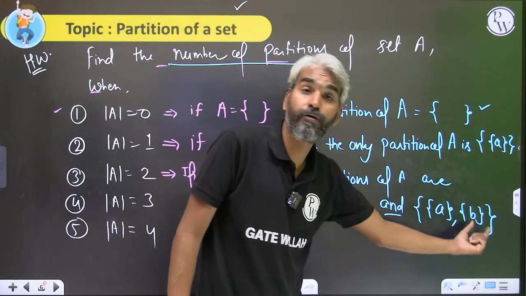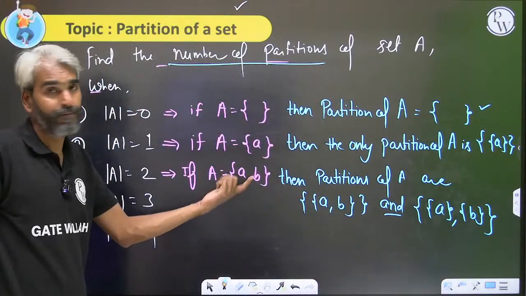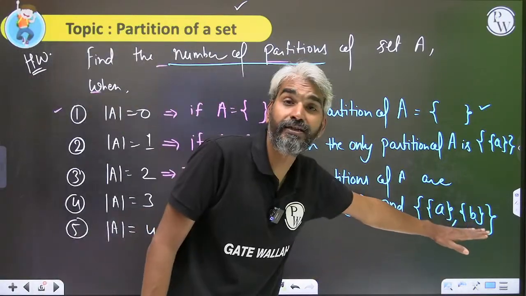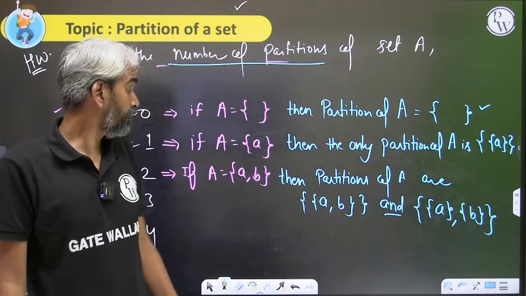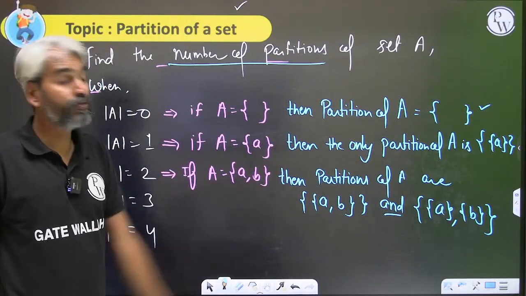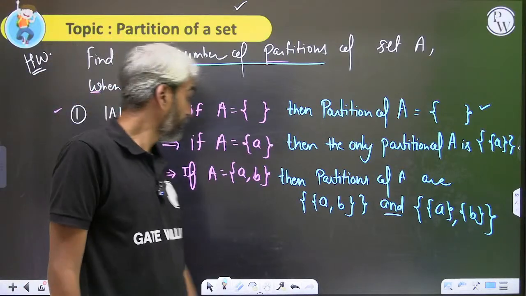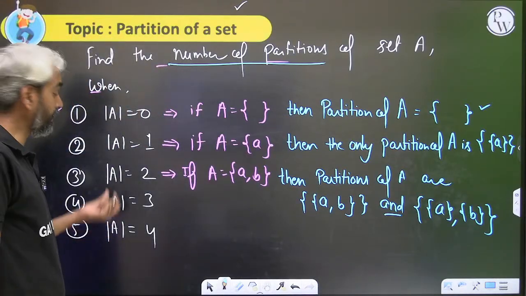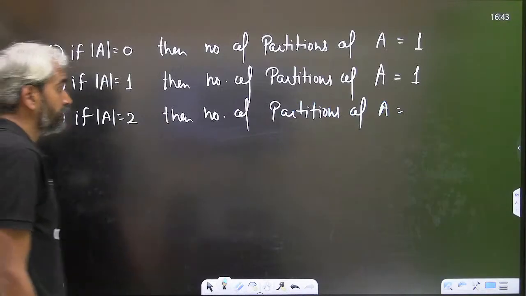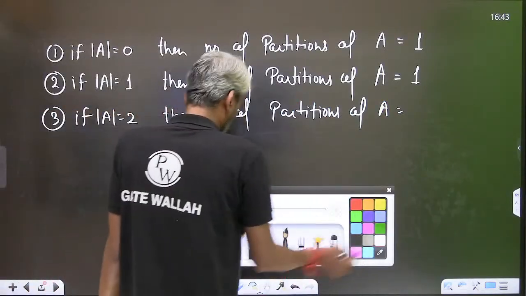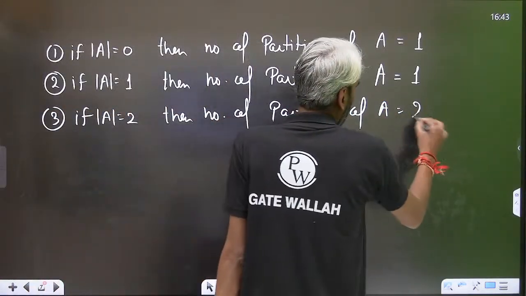If you take the union of these two, you will get the overall set A. Therefore, it also satisfies the definition of partition, that the intersection must be phi and the union must be equal to the original set. So there will be two partitions of a set A if the cardinality of set A is 2. So the number of partitions of A will be 2.